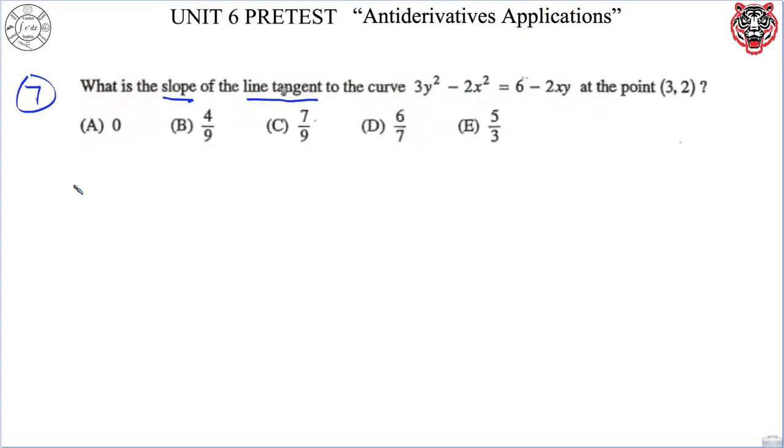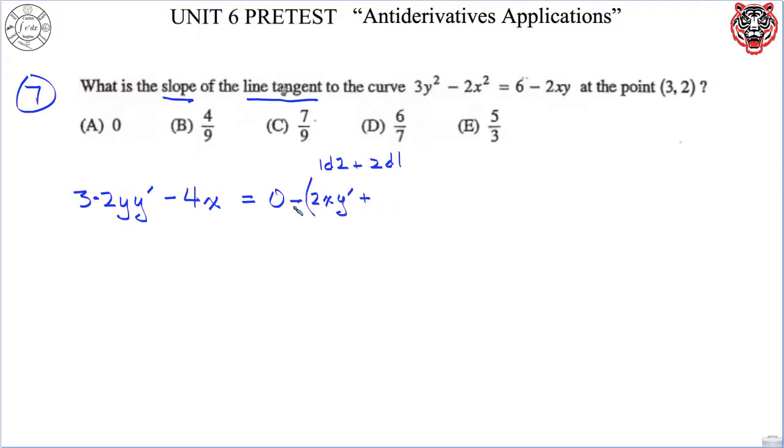So let's take the derivative. When we do that, we get a 3, and then this is going to be a times 2y y prime, and now the second term, that's going to be a 4x, that's going to be equal to, derivative of the constant is 0, and then minus, okay, product rule, here we go. So product rule is 1 d2 plus 2 d1. So 1 is 2x, d2 is y prime plus, and then 2 d1.